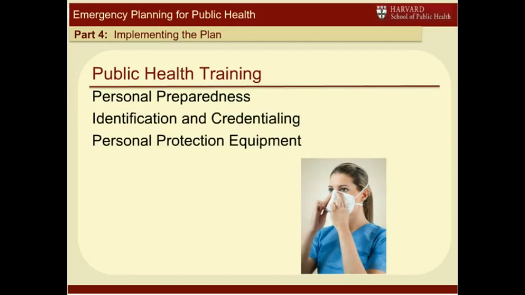Orientation and education about potential emergencies and how to respond to each type of emergency should be provided before a disaster occurs. When a disaster or an emergency occurs, there is little time for training to be conducted. If training is needed at the time of a disaster event, we refer to this as just-in-time training.